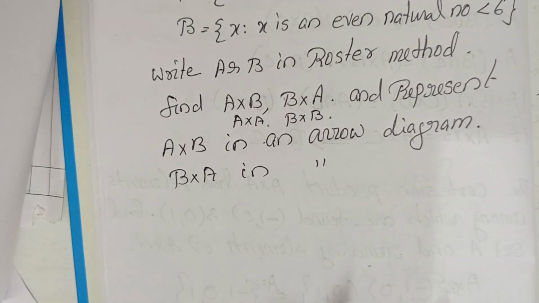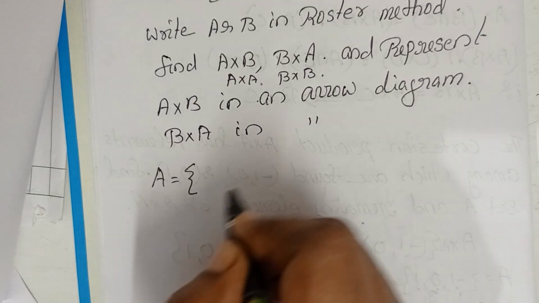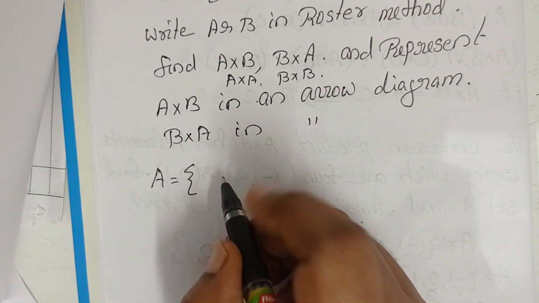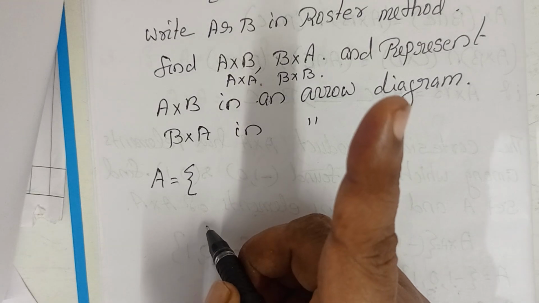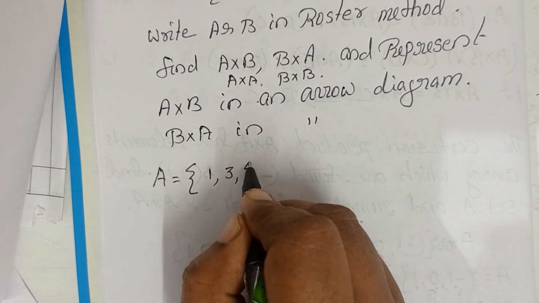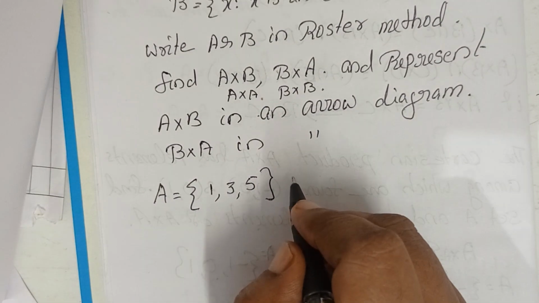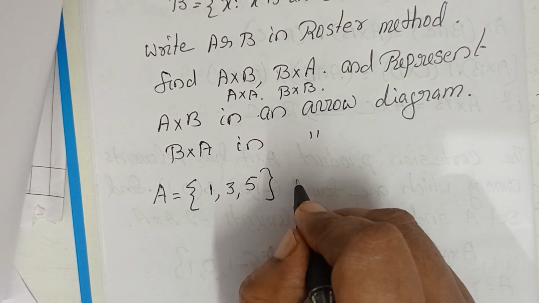Okay, we can start. ആരാ സ്പീഡിൽ എഴുതുന്നേ? A equal to the set of an odd natural number less than 6. Odd natural number ആരൊക്കെയാ മോനെ? Yes, 1, 3, 5. ഏത് ഫോമിൽ ചോദിച്ചാലും സെറ്റ് പഠിച്ചിട്ടാണ് നമ്മൾ ക്രോസ് പ്രോഡക്റ്റ് പഠിക്കുന്നത്.